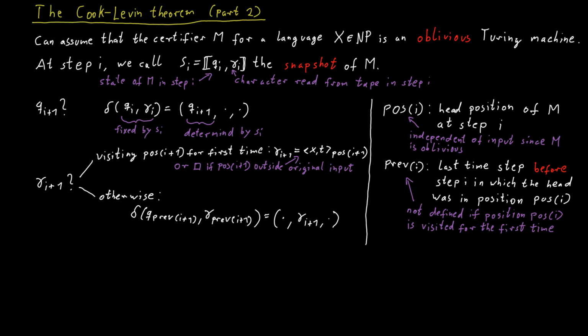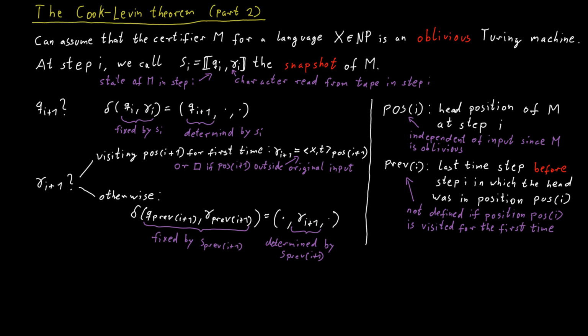And the character we write to the tape at this previous time depends entirely on the snapshot at that time. The reason for this is that the snapshot contains the internal state and the character we read. And the transition function then determines, based on those two things, what character is written.